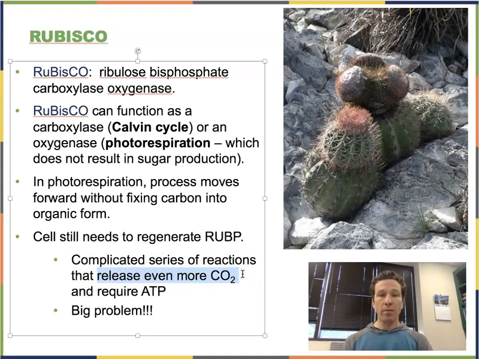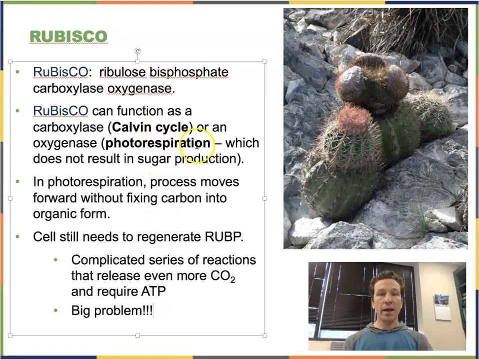So this is a problem. Remember, the whole point of photosynthesis is bringing in carbon dioxide. Instead, we are doing just the opposite and releasing it. Even worse, this process requires ATP. And so the plant is both losing carbon and it is expending energy. As a result, photorespiration is a big problem for a plant.